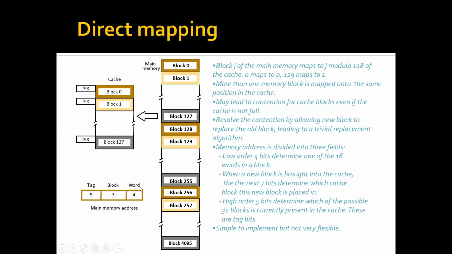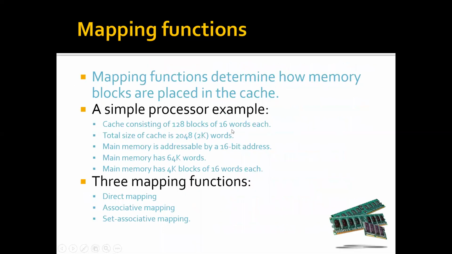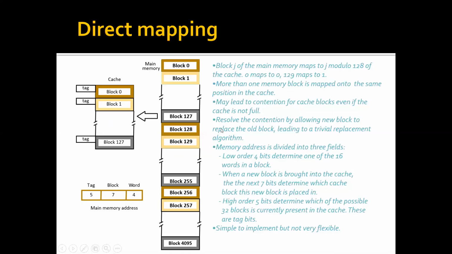The word field specifies the number of words in a block. So can you find out how many words are there in a block? There are 16 words in a block. So if there are 16 words, 2 to the power 4 is 16, we require only 4 bits. So the word field of the address generated by the processor has 4 bits.